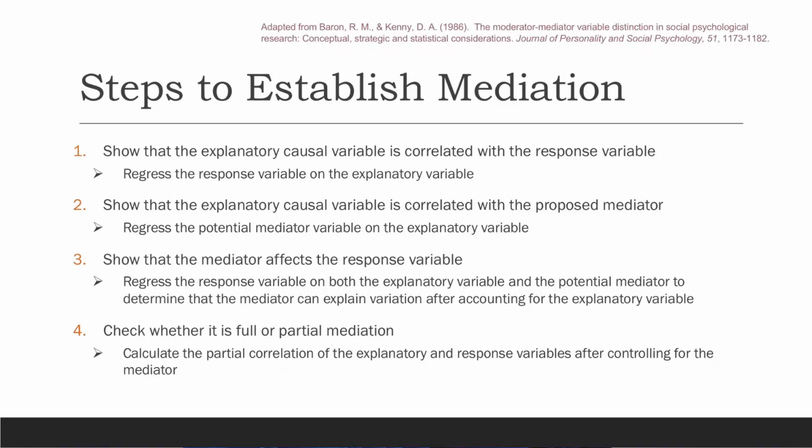They talked about the moderator-mediator variable distinction in social psychological research in the Journal of Personality and Social Psychology, and it's just blossomed since then. But in their initial classical approach to mediation, they suggested these 4 steps.